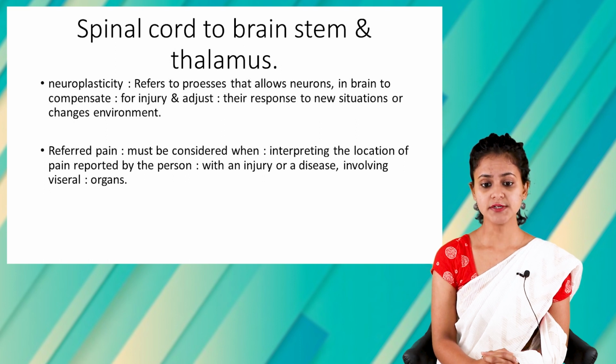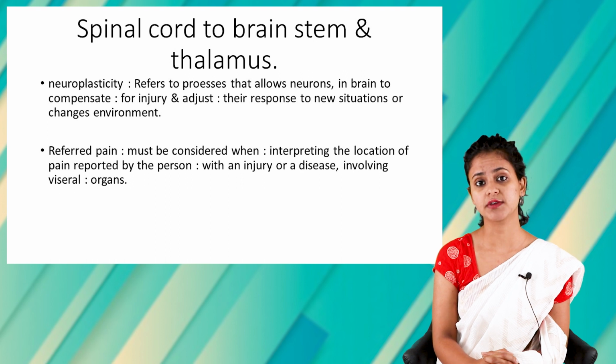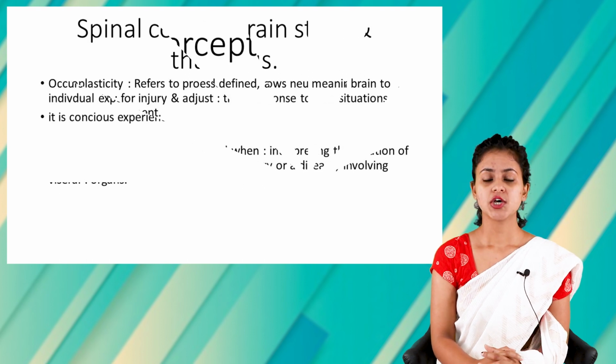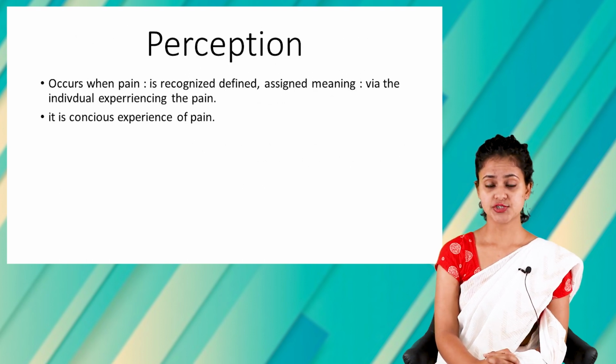Now, as we have learned, from the spinal cord the action potential is transmitted to the brainstem and thalamus. There, the processing starts. Depending on the processing, the person will behave in response to the pain. So the next step after transmission is perception.